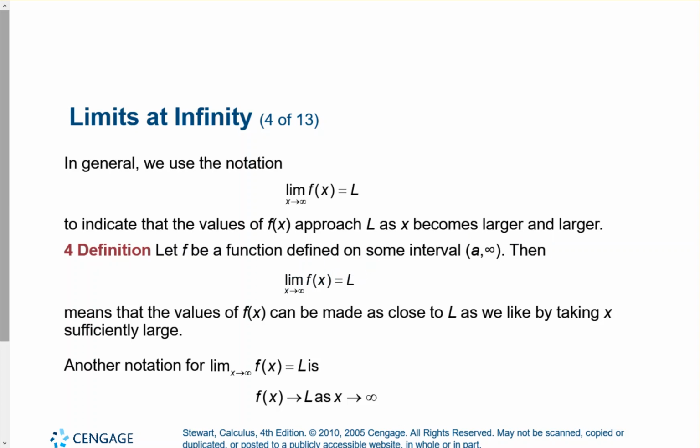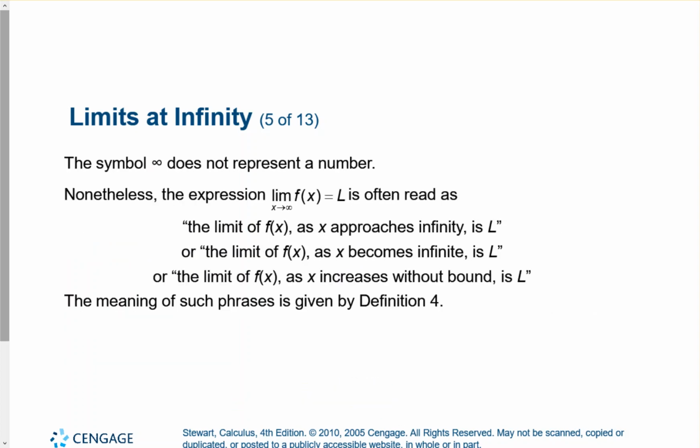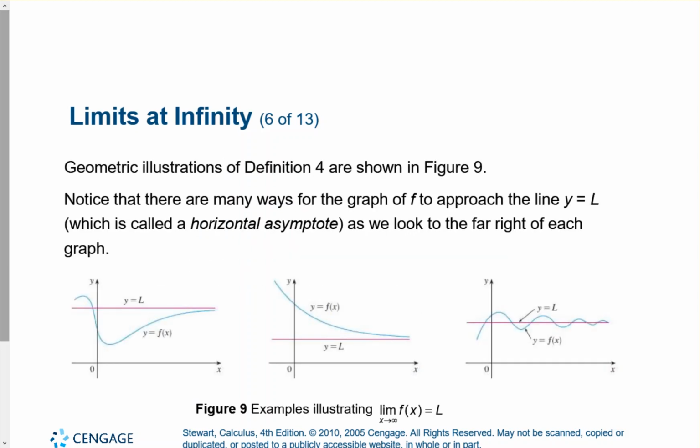Another notation: f of x approaches the limit as x approaches infinity. Again, the symbol infinity does not represent a number. Think of it as putting in really large numbers. We will never get to infinity; we will just try to approach infinity.